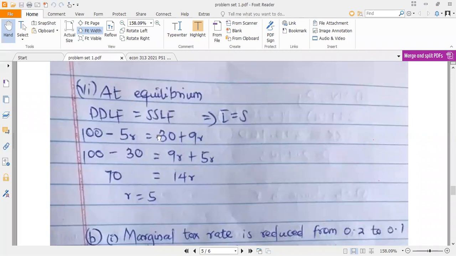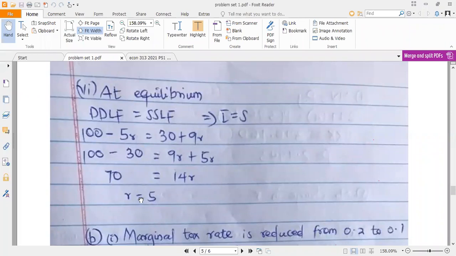So just equate the two. You have a linear equation in terms of R. Just make R the subject and we get 5. So we've been able to do the first part of the question. We've been able to find W over P, N, Y, P, W, and then our R.